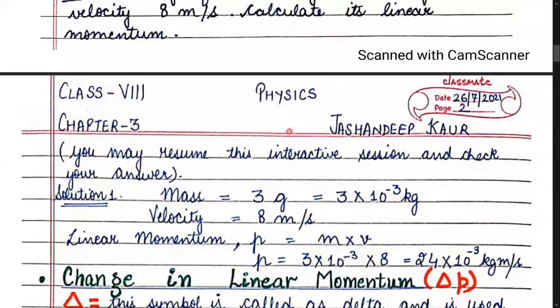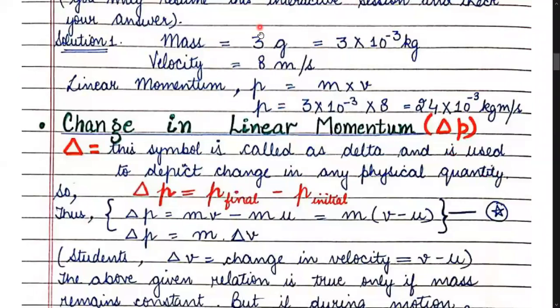So I hope you have done it, children. See, mass is 3 gram, which can be written as 3 into 10 raised to power minus 3 kilogram. Minus 3 means that there are 3 zeros in the denominator. So 3 upon 1000 can be written as 3 multiplied by 10 raised to power minus 3.